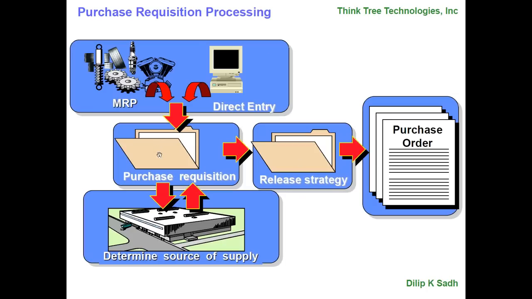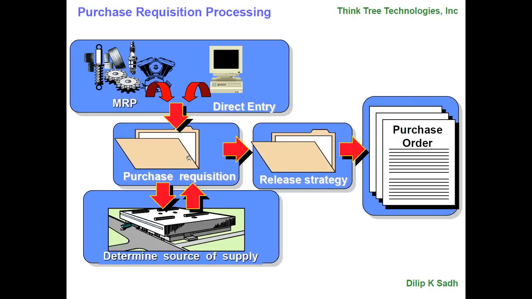This is another view of purchase requisition processing. Purchase requisition can come either from direct entry, means somebody can go in the system and manually create it. Or using the MRP program, MRP means a material requirement planning program, a lot of purchase requisitions can be created automatically.